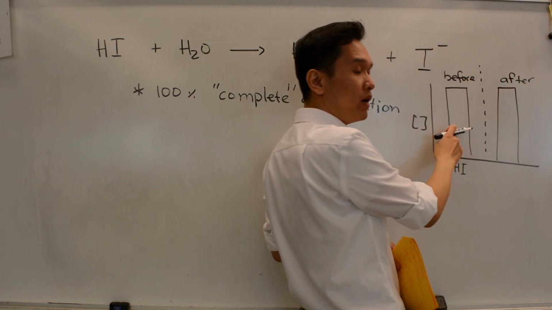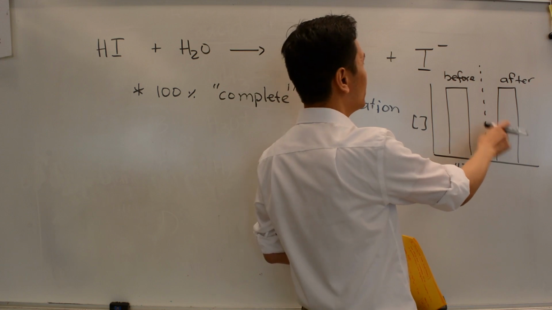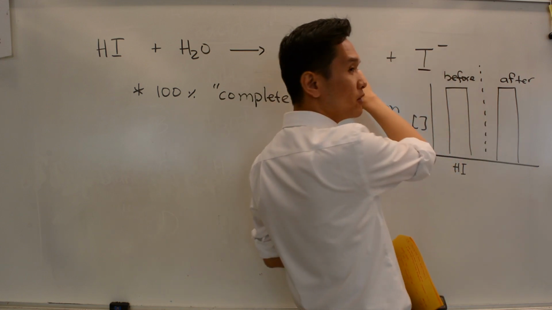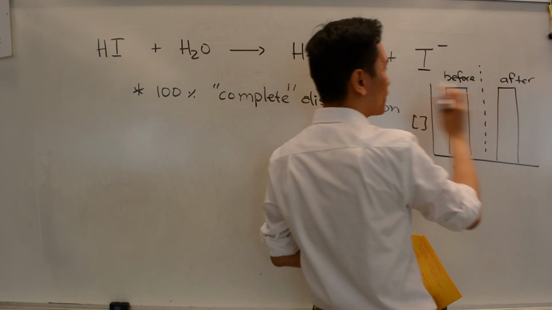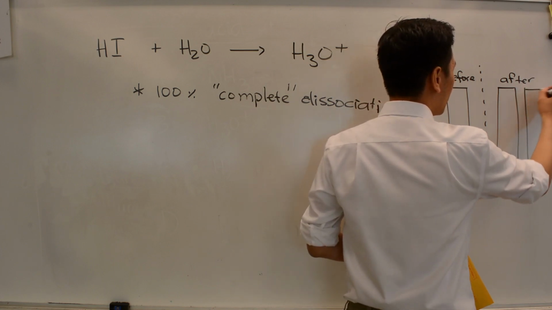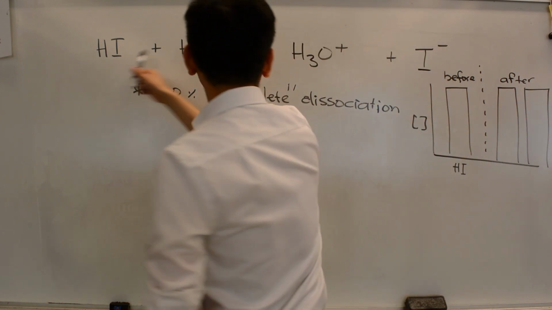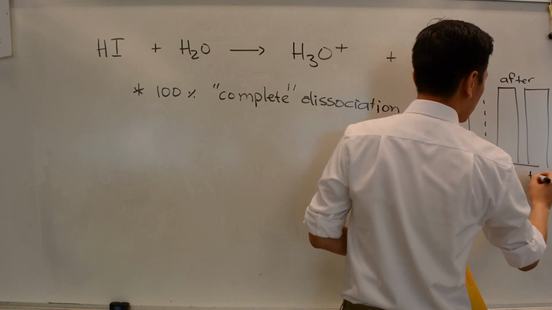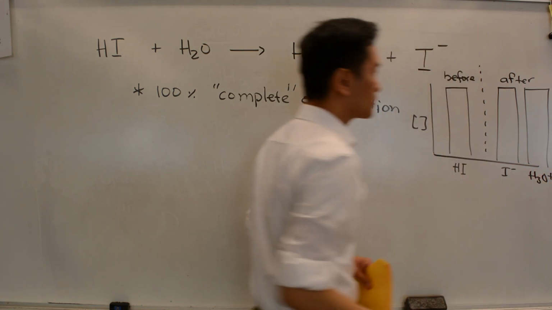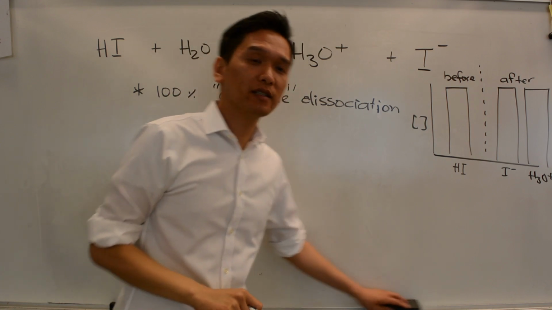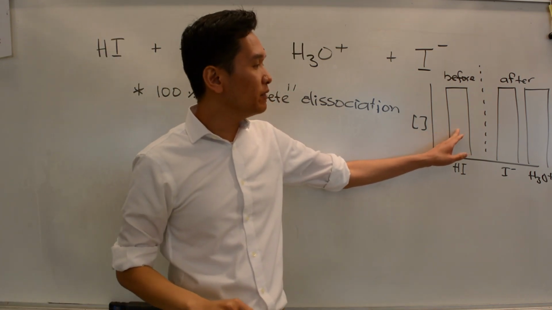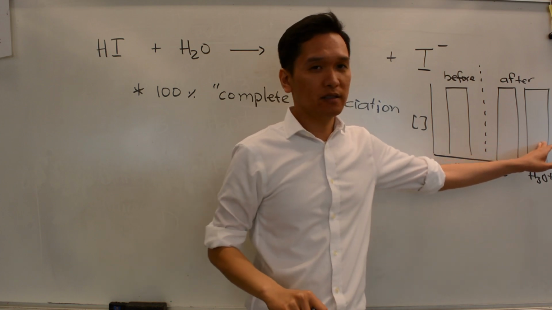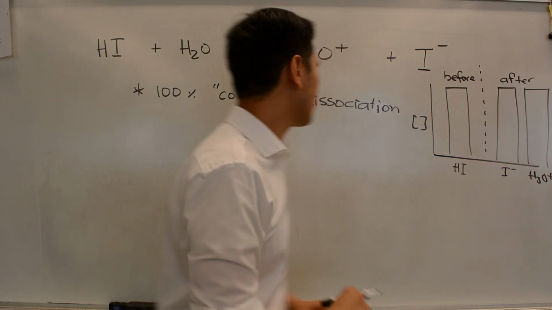Let's say if I have 100 molecules of HI, how many molecules of I minus and how many molecules of hydronium will I have? 100 of each, right? So they break up completely, 1-to-1 ratio, I minus and hydronium. Okay, that's what we call a complete dissociation. All of HI becomes I minus and H3O plus.